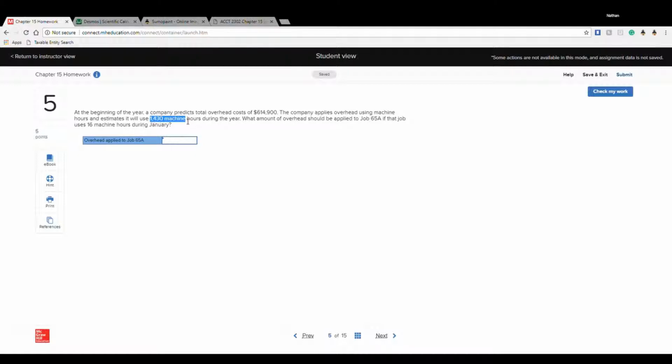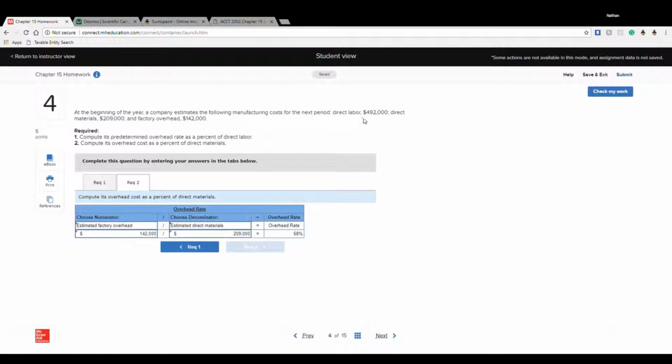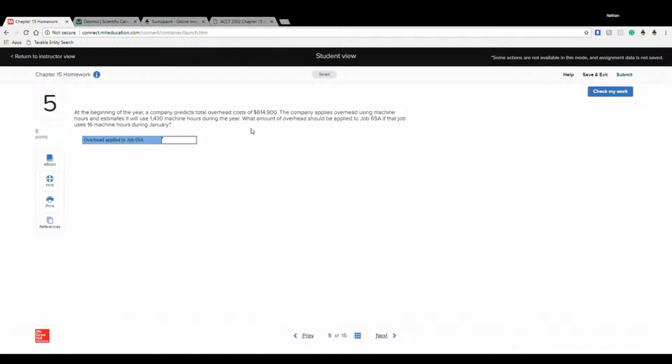What amount of overhead should be applied to job 65A if the job only uses 16 machine hours? Just like with 4, this one had 2 money items, dollars and cents. This one still has a dollar amount for overhead, but it has machine hours. This is still finding out the predetermined rate.